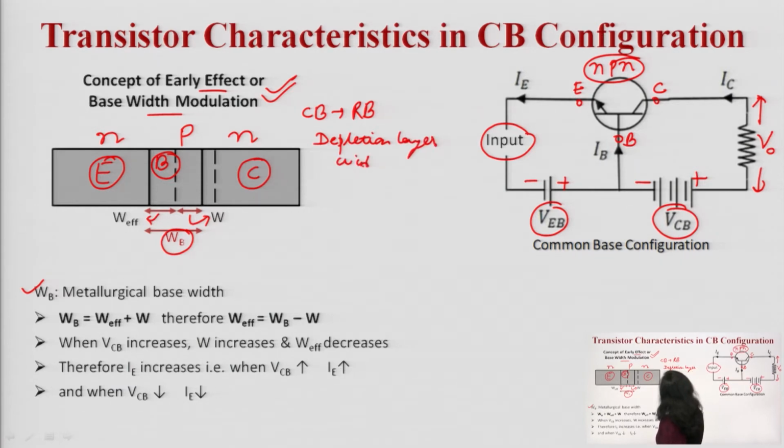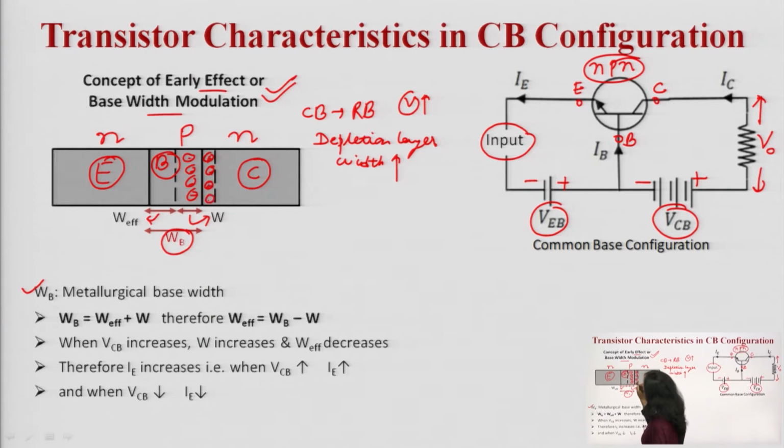When the voltage across this collector base junction is increased, the depletion layer width will also increase. As we keep increasing the voltage, the immobile ions accumulate in this particular section: acceptors here and donors here.